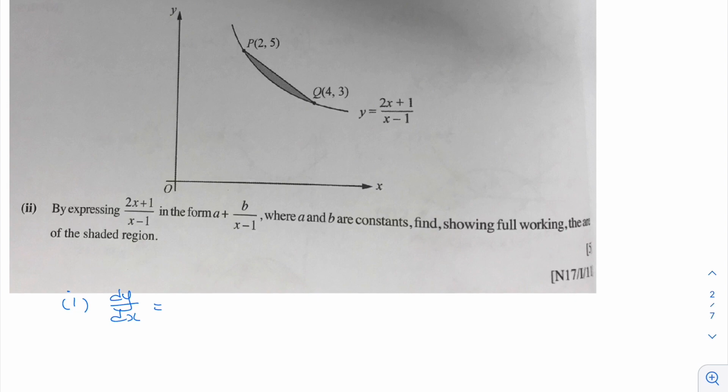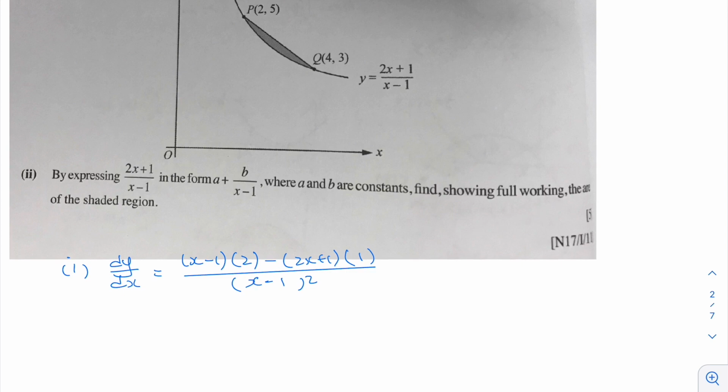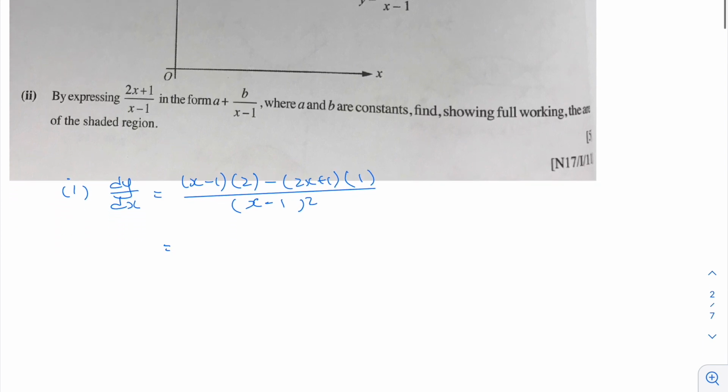So we use the quotient rule. Keep the denominator, differentiate the numerator, subtract, keep the numerator, differentiate the denominator, divided by the denominator squared. So that gives a value of (2x minus 2 minus 2x minus 1) over (x minus 1) squared.